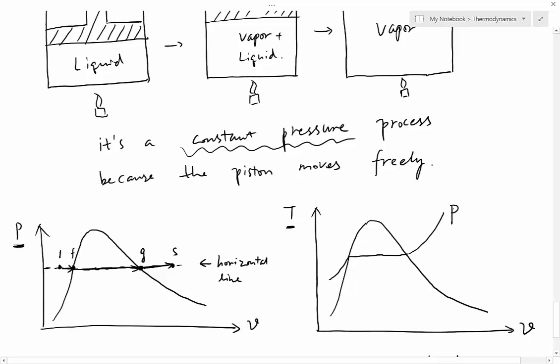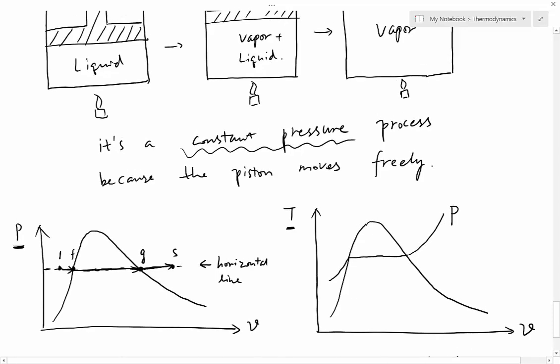This is a constant pressure line, meaning every point on this line must have the same pressure. Since I have a constant pressure process, meaning the pressure for the whole process will remain constant, that means when I sketch this process, everything will be on this constant pressure line.